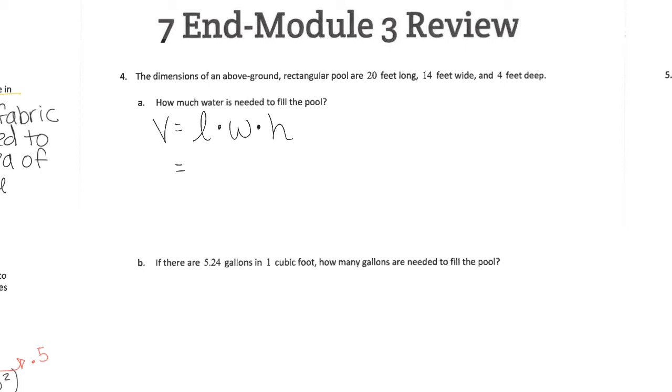So my variable for length is going to be 20 feet times my variable for width is going to be 14 feet times my variable for height, which is 4 feet. So now with our calculator, we are going to put in 20 times 14 times 4. And that is going to get us 1,120.